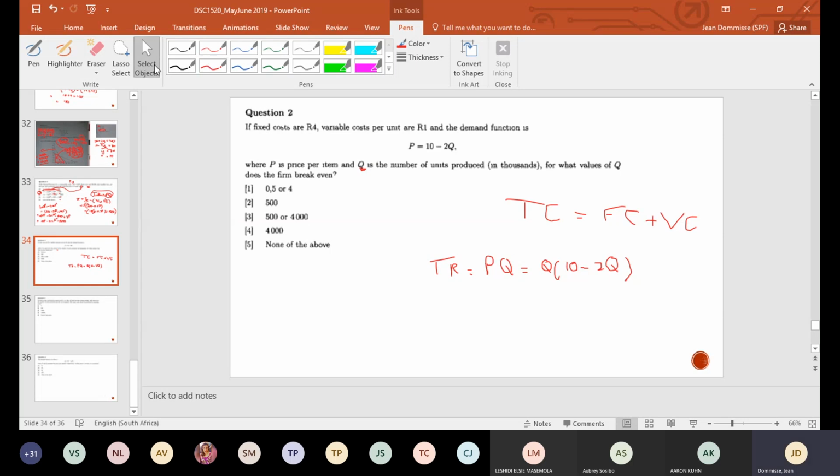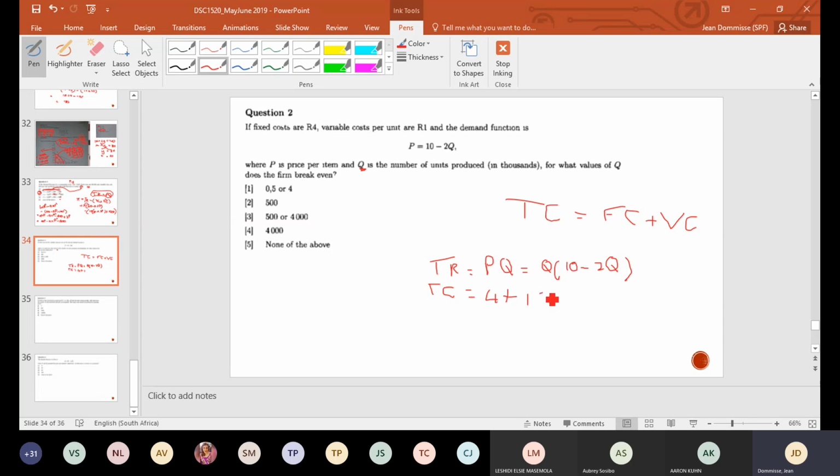So total revenue is equal to that. So let's see what your total cost is. So total cost is fixed cost, which is 4 Rand, plus the variable cost, that is 1 Rand per unit.